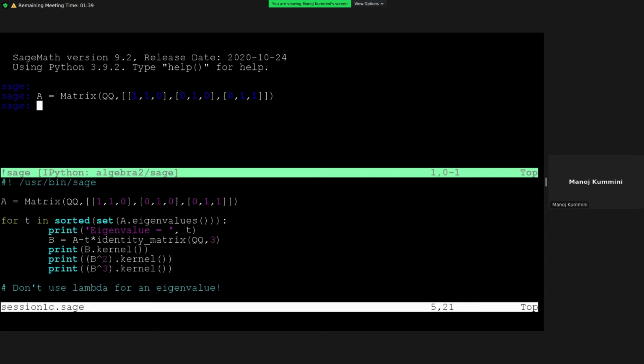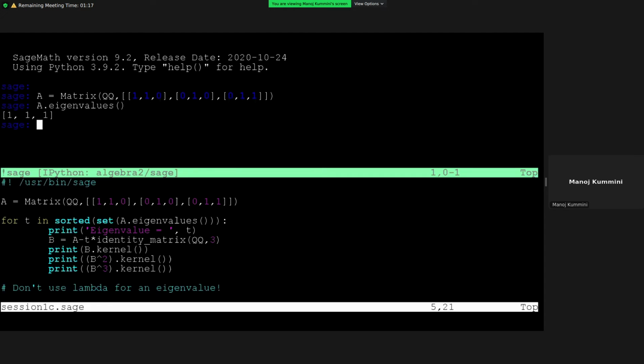Eigenvalues. Sage Terminal has this auto completion, so you can keep pressing tab and it will show you suggestions. Okay, so it's actually 1 repeated thrice.